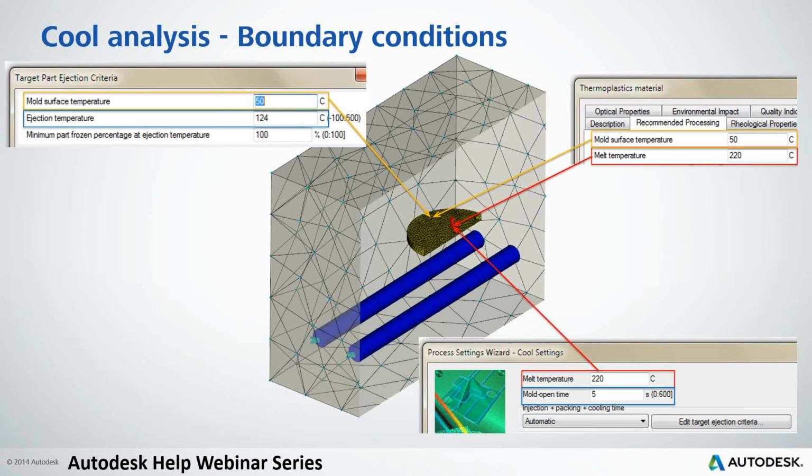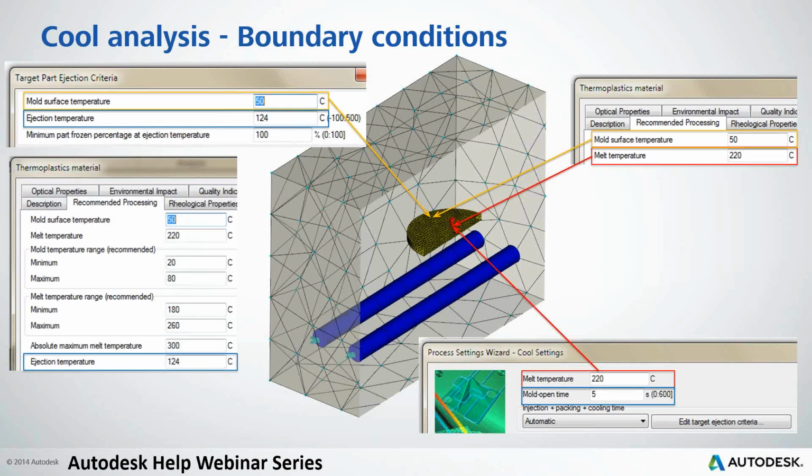The ejection temperature is also taken directly from the material database. But in this criteria, we could change it and decrease it, for example. If we decrease it, we want to eject the part when it reaches 100 degrees, but I don't need everything to be frozen or to reach this temperature, and we could just constrain it to 90%.